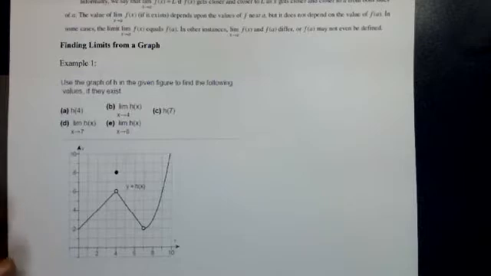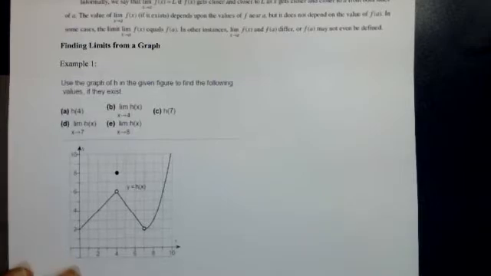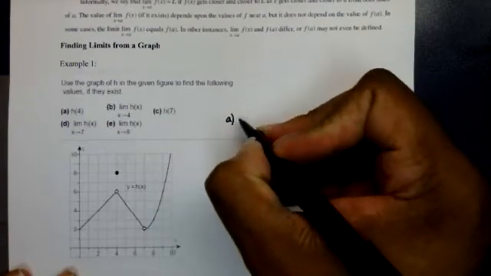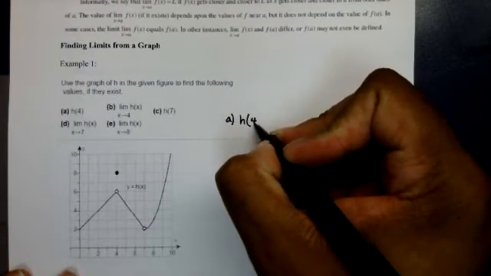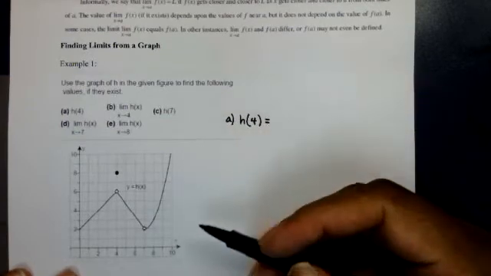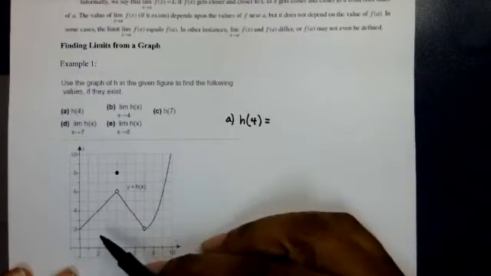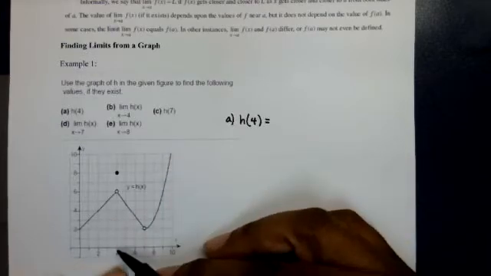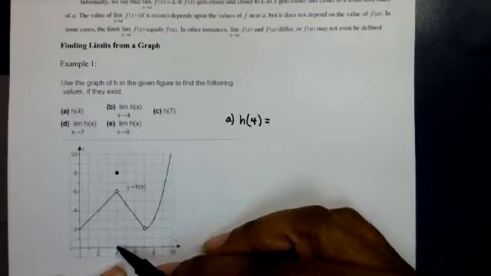Let's start with part A. Let's say I want to find what h of 4 is. In other words, I want to find the value of this function when x is equal to 4. So here's 4 on the x-axis.